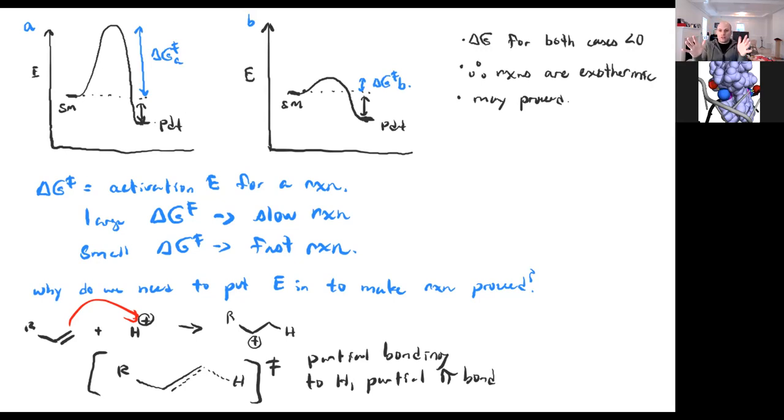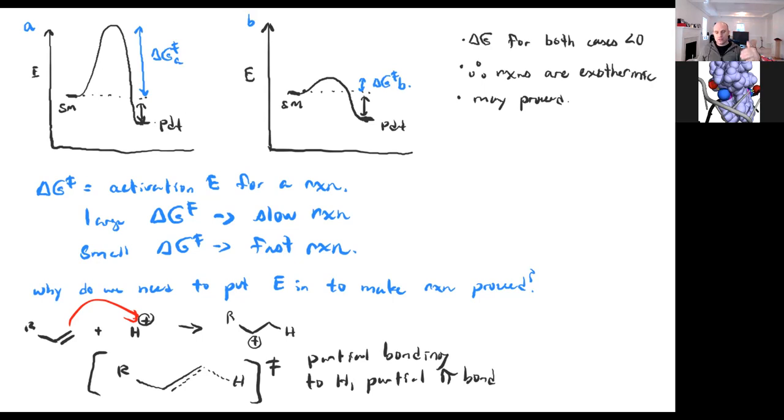There are two components to these energy diagrams. There's the delta G, which is thermodynamics: will the system go there? If it had infinite energy and we had infinite time, could we get there? If it's exothermic, the answer is yes; if it's endothermic, the answer is no. The second component is the kinetics, the delta G double dagger, which is how quickly we can get there.